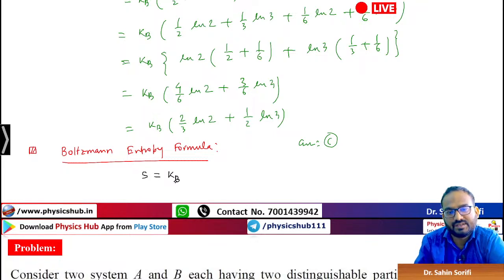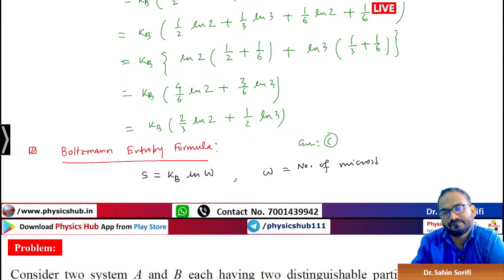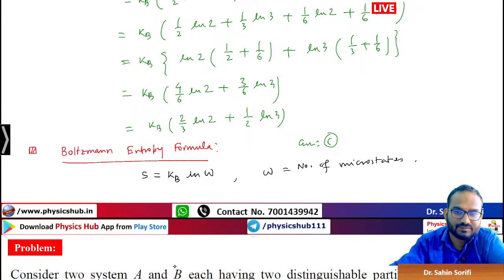S is equal to Kb ln omega, the natural logarithm of omega. Omega is the number of microstates. So this formula you need to remember: S is equal to K ln omega.